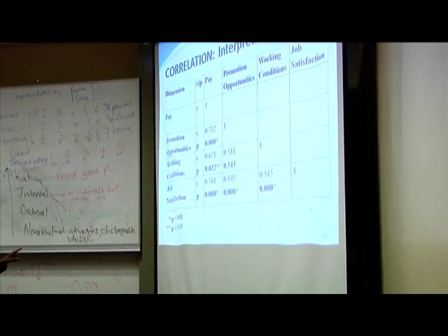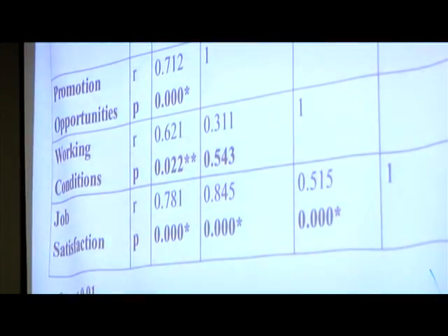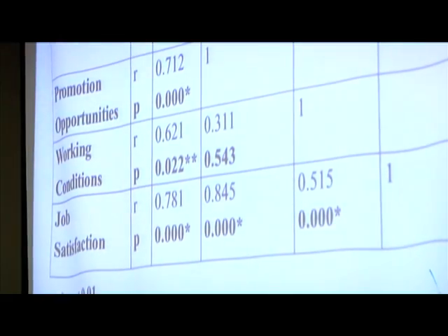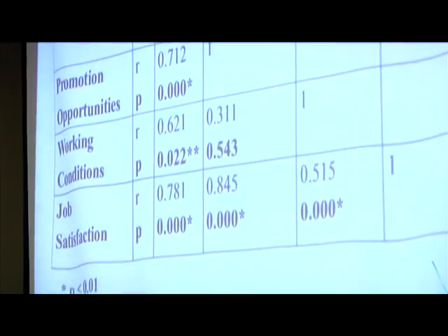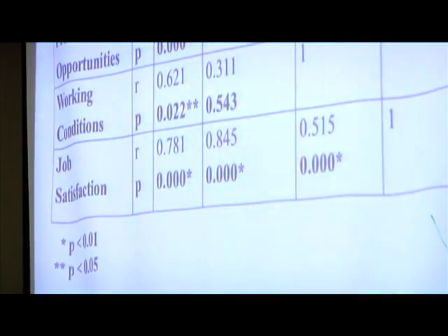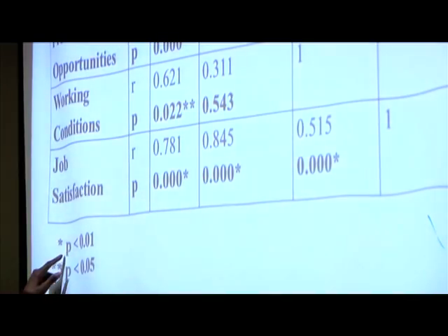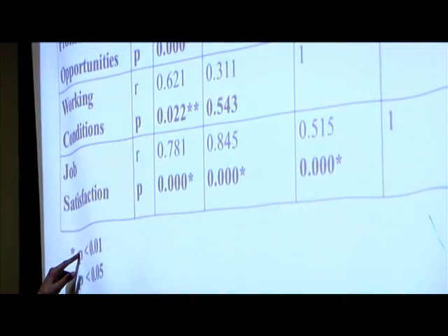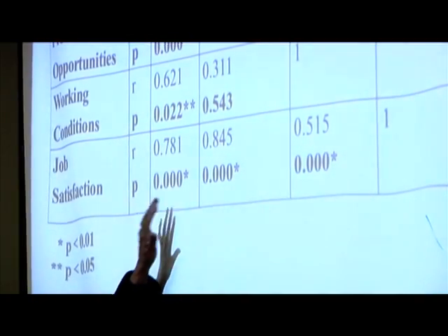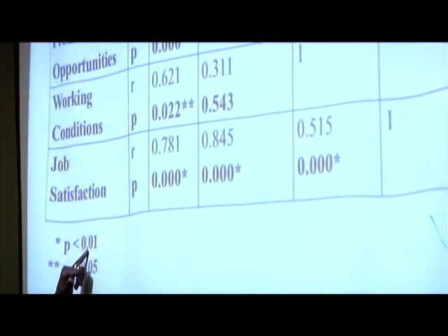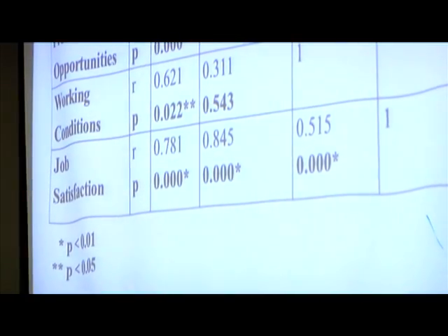But it is significant at 0.000, which is less than 0,01. So the relationship between pay and job satisfaction is significant at the 1% level. Understood? Because 0,000 is less than 0,01. In which case you would accept the relationship.